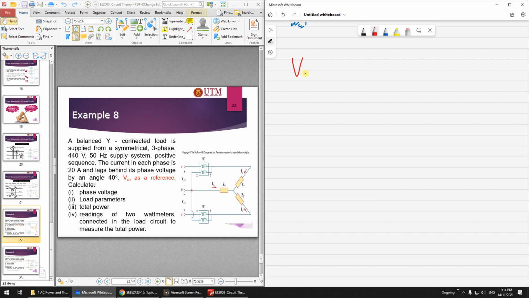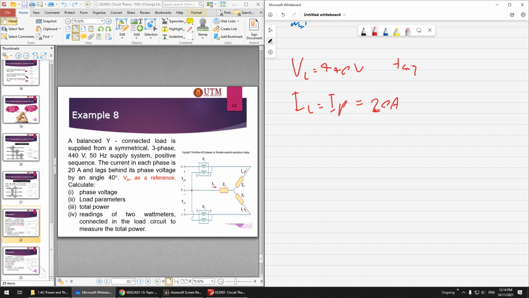So you can see here V line is 440 volt, positive sequence. The current for each phase is 20 A. So the current in each phase, I line is equal to I phase. Remember, star connected, I line is equal to I phase, which is 20 ampere.